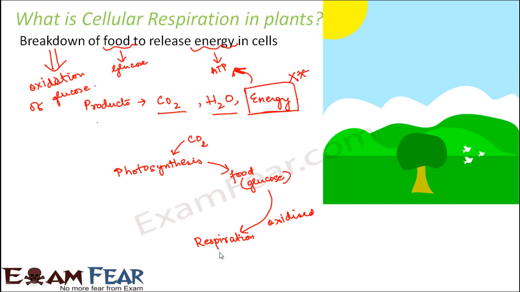So during respiration, glucose will be oxidized to produce carbon dioxide, water and energy. You see, during photosynthesis, carbon dioxide was taken in, whereas during respiration, carbon dioxide is given out. Also, as a result of respiration, a lot of energy is produced, which is stored in the form of ATP molecules.